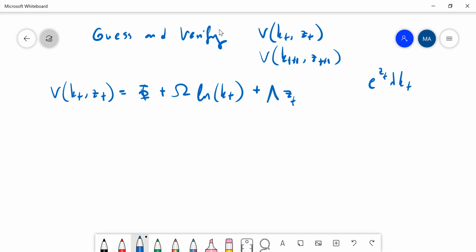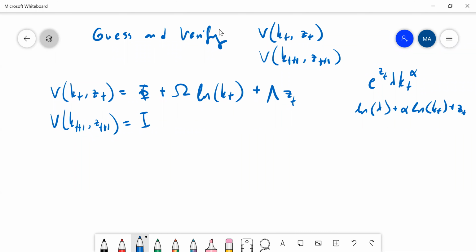If you take the natural logarithm, z goes linearly. So you have ln lambda plus alpha ln kt plus zt. Then I put a linear term here as a function of zt. Then I have kt plus 1, zt plus 1, which is equal to that.